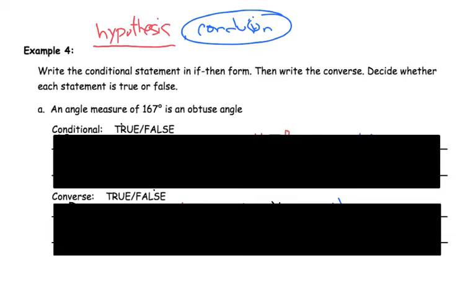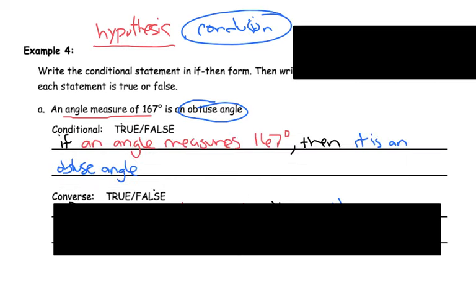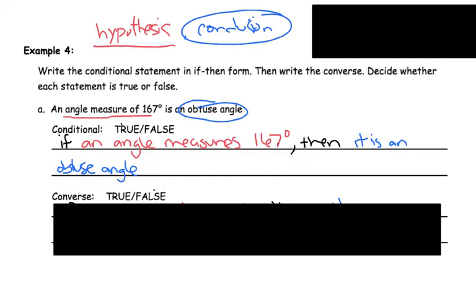It's a good thing. So we have A: an angle measure of 167 degrees is an obtuse angle. The hypothesis is an angle measure of 167 degrees. The conclusion is an obtuse angle. If we write this in if-then form, our conditional statement is, if an angle measures 167 degrees, then it is an obtuse angle.